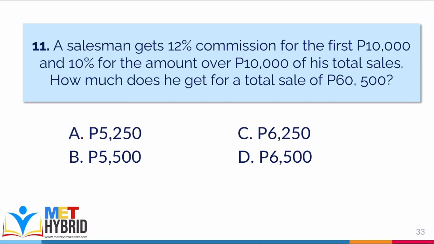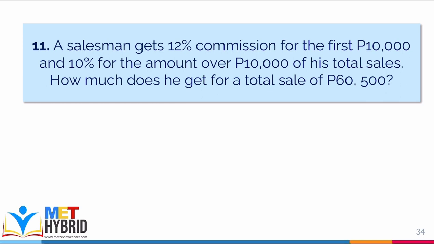Question number 11. A salesman gets 12% commission for the first 10,000 and 10% for the amount over 10,000 of his total sales. How much does he get for a total sale of 60,500? First, we solve for his commission for the first 10,000.